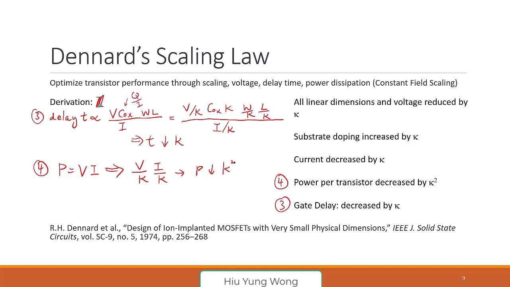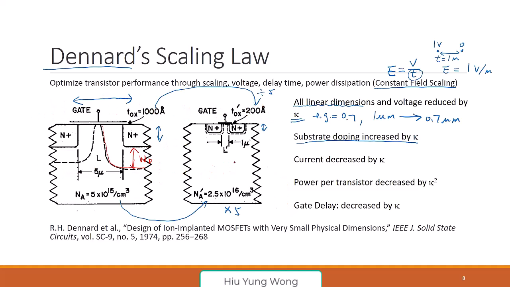Now maybe you feel that this is a little bit boring, why I want to go through this, but this one actually is the backdrop of the whole play, of the history. I hope that even if you cannot memorize everything, you have the sense, the intuition. When people talk about transistor scaling, it's not just dimension smaller. You immediately know that gate oxide is also thinner. Depletion width is also smaller. And then you know the capacitance is larger.